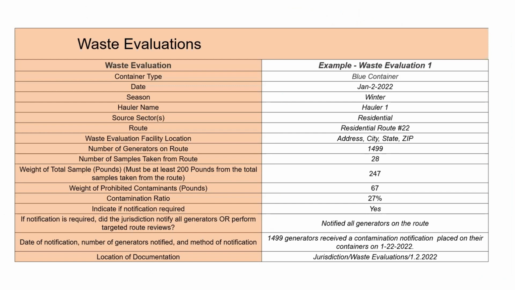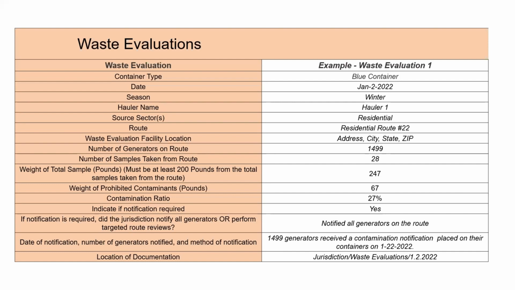And waste evaluations are a little different. And if you look through the regulations, there's specifics based upon the number of generators on a route. If there's 1,400 or 1,500 or less, then there's a certain minimum amount of samples that need to be taken. There's a certain weight per your demographic size per route. Then you have to determine how much contamination in pounds that you found during this waste evaluation.